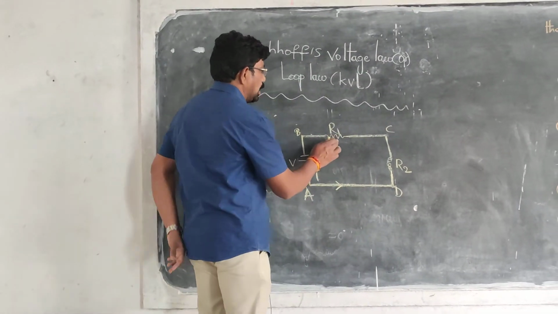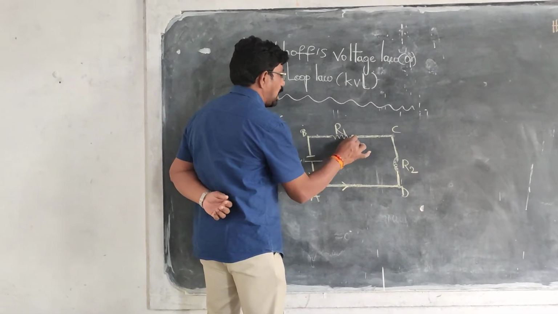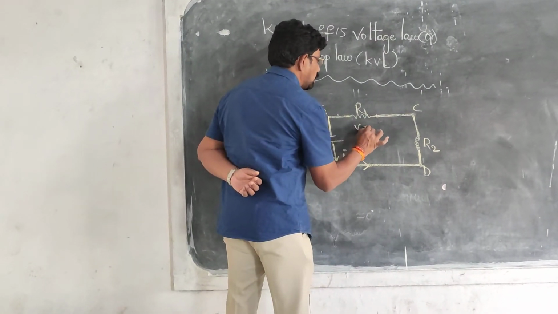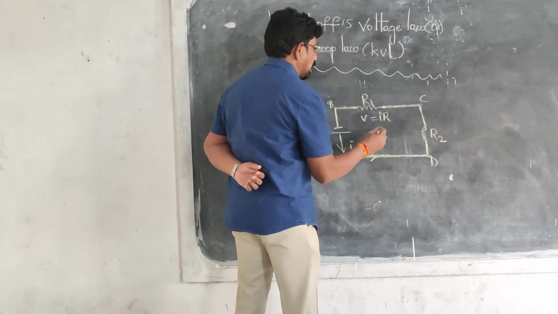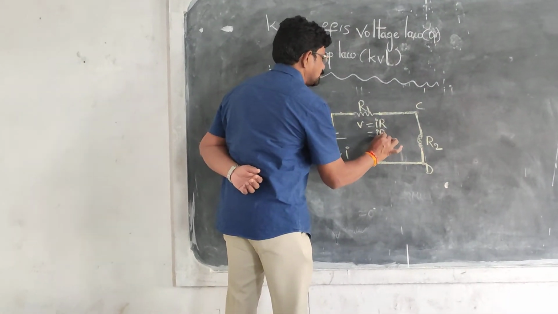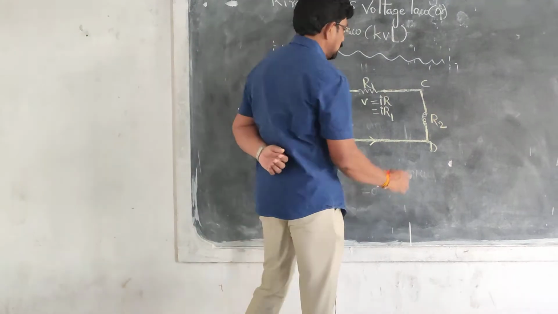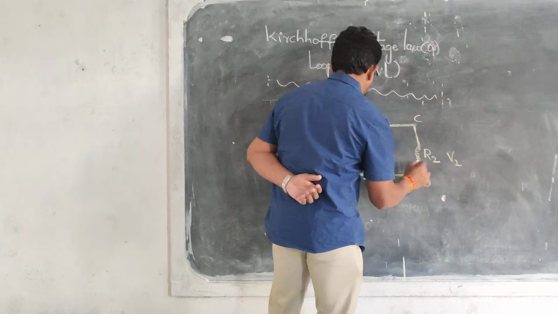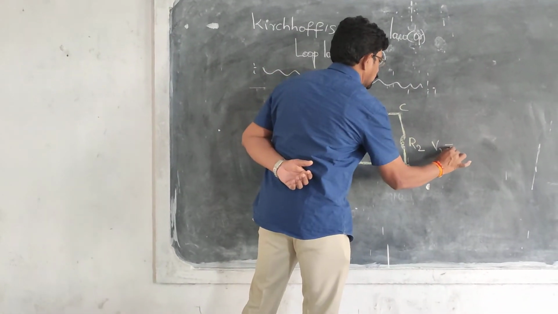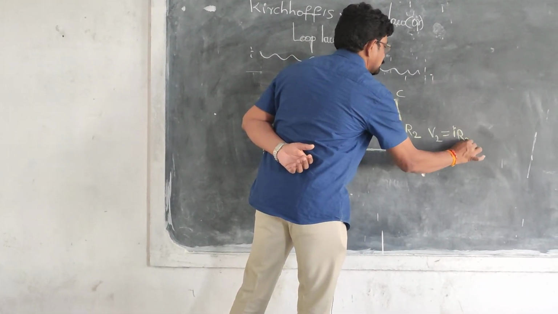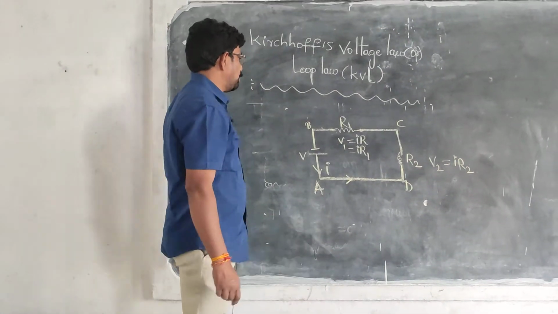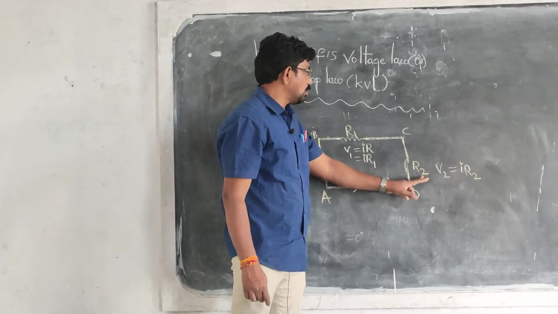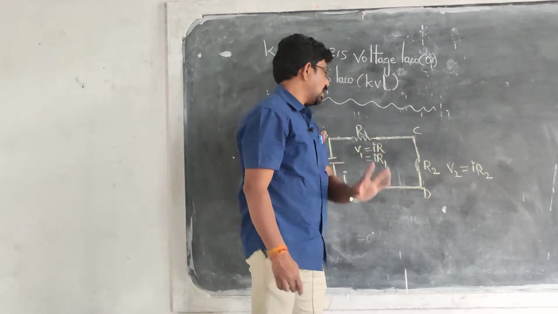As per Ohm's law, V is equal to IR, so the voltage across R1 is V1, equal to IR1, and the potential difference across R2 is V2, equal to IR2. Are you clear about that?